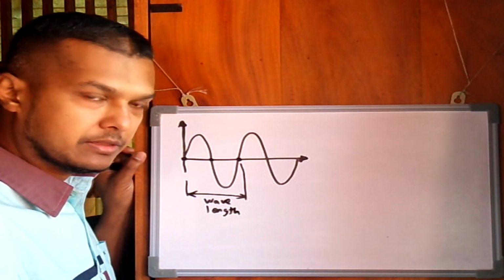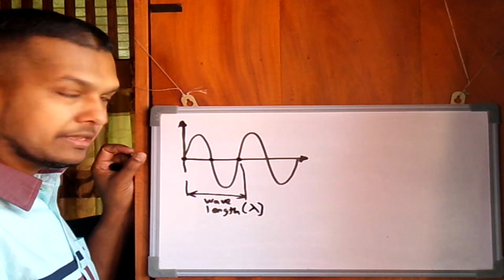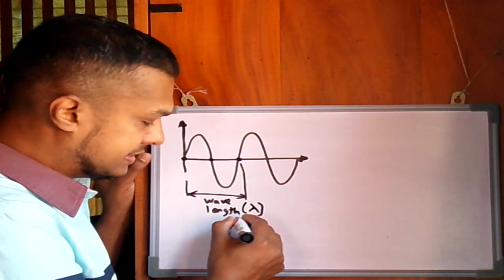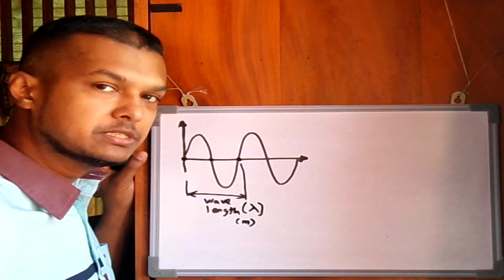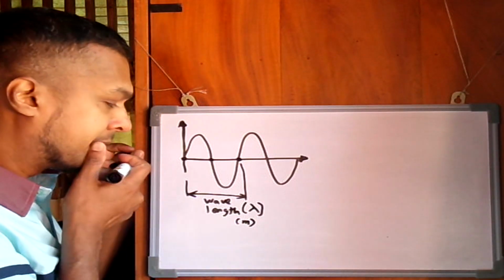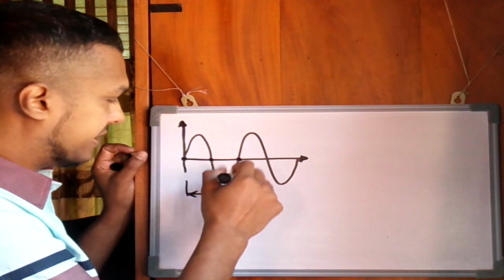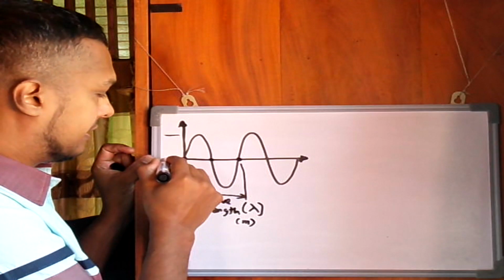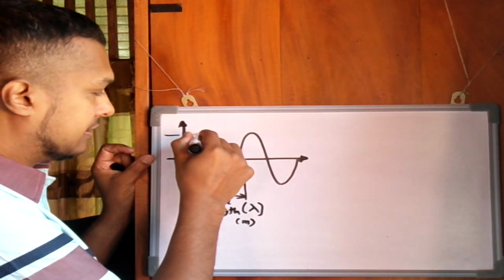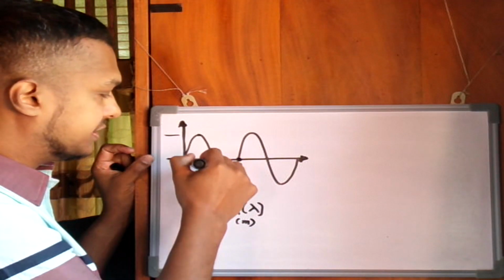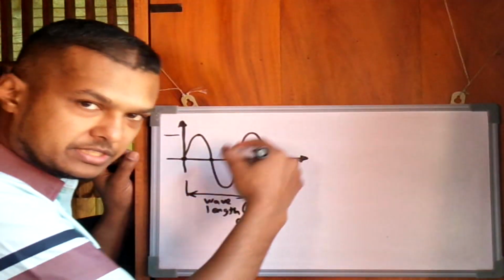In physics, we call it lambda, the symbol, and the unit for it is meters. The SI unit. SI unit means the standard international unit. And then the next thing we need to learn on the wave is the maximum height that the particle reaches on the oscillation.